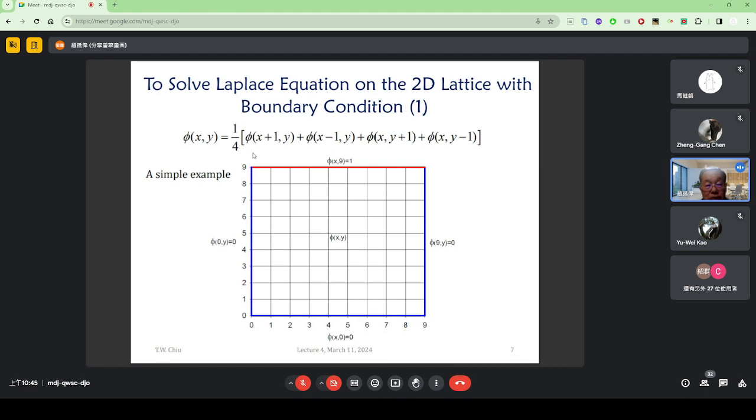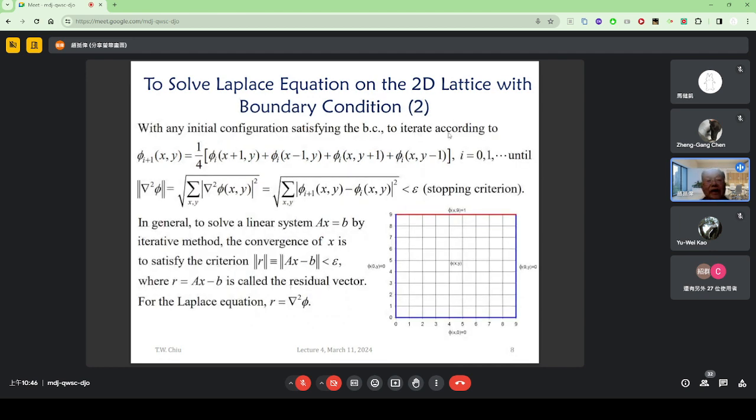The difference between the two sides will be as small as you like, up to the precision of the numbers in the computer. That is the stopping criterion. You set the stopping criterion, say what kind of accuracy you want, and then you stop at that point, and that's the answer you want. Now let me go to exactly how we do the iteration.